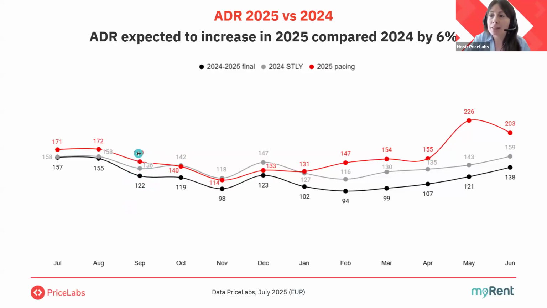So this means that the ADR was dropping. Okay, so this might be because we were decreasing the pricing to try to gain some occupancy. So maybe we applied some discounts, so maybe we were lowering the rate, but this is normal because we were facing low season. So it's really important to be prepared also for low season.